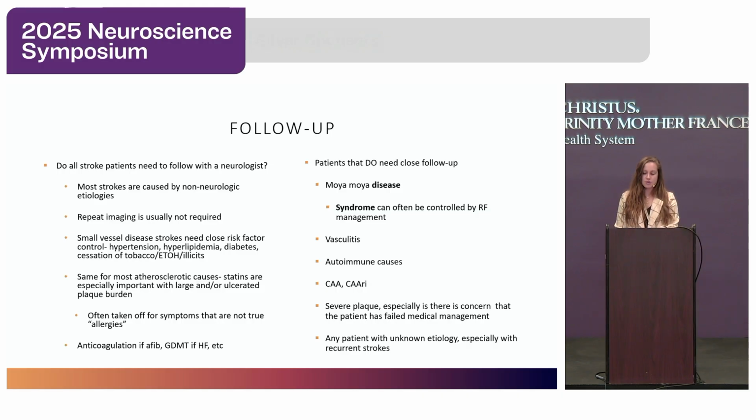What you really want to make sure is, number one, that the patient has a really good primary care doctor. And then we're here to figure out what caused this, what medication changes we can make, and what other tests we need to do to figure out all of these causes. Once we get those causes, if it's something like moya-moya disease or CAA that I think is going to progress, I'm going to see those patients forever.